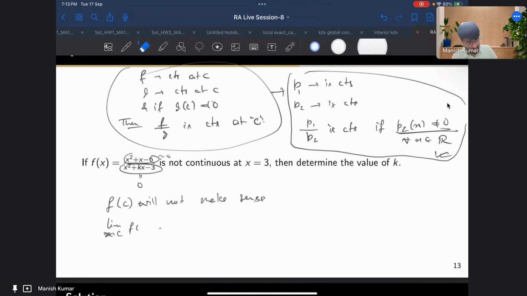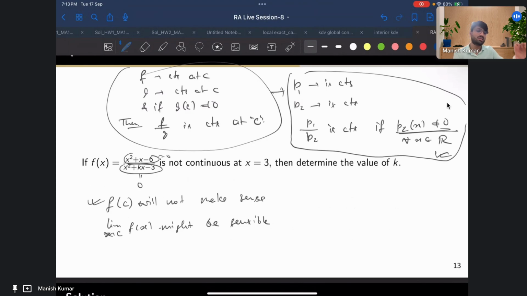This might be sensible, right? So for example, what example should I give? Okay, leave it. I'm not giving an example, but what I'm saying is that it might not be sensible to define f at c.